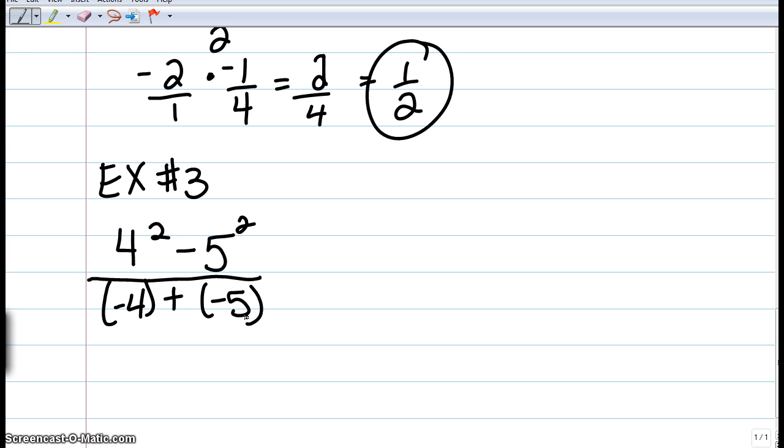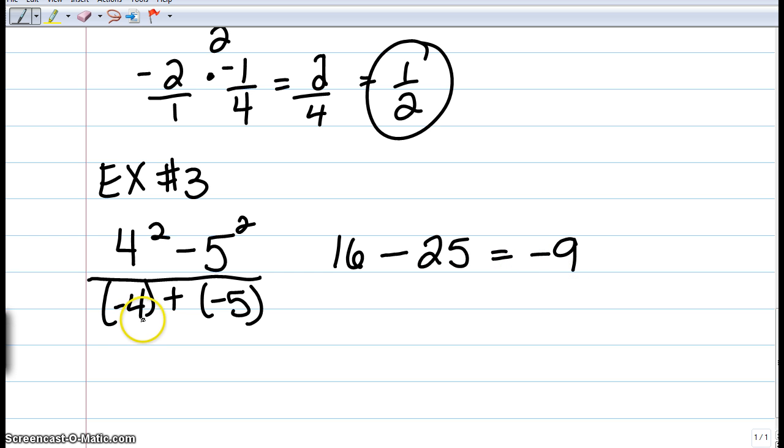Whenever you have a fraction bar, you want to do what's on top first and fully simplify it, and then deal with what's on the bottom. So let's just pretend that the top's just there by itself. We have to use order of operations, so I'm going to do 4 squared, which is 16, minus 5 squared, which is 25. And that equals negative 9.